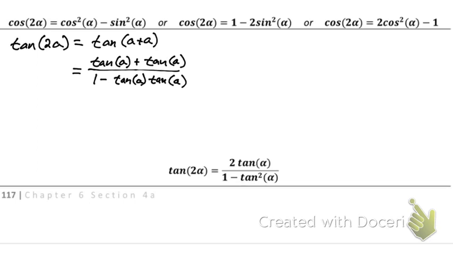Let me just, I have 2 tan A on top, and on bottom, I have 1 minus tangent squared A.